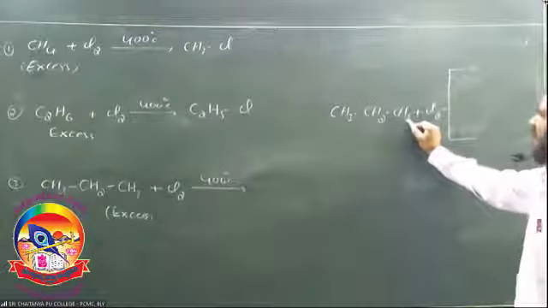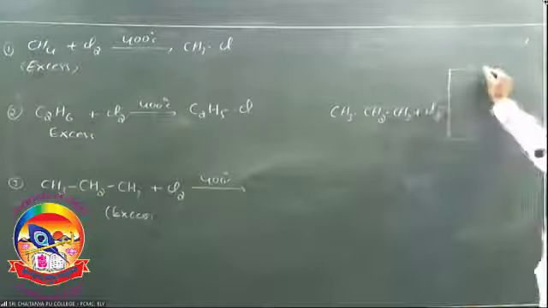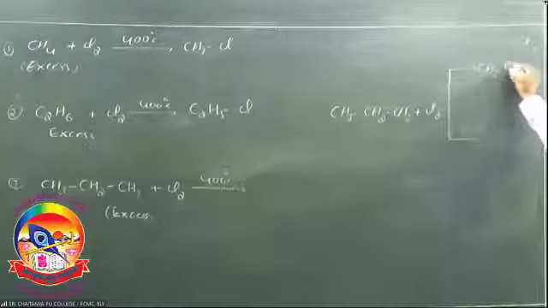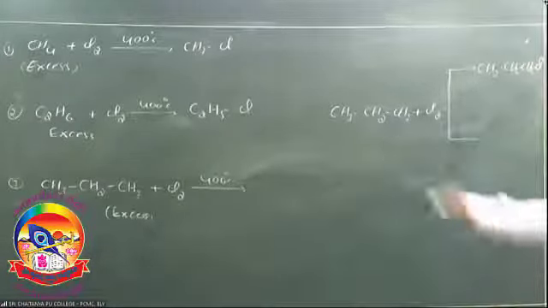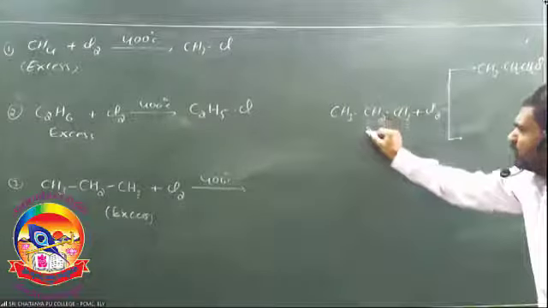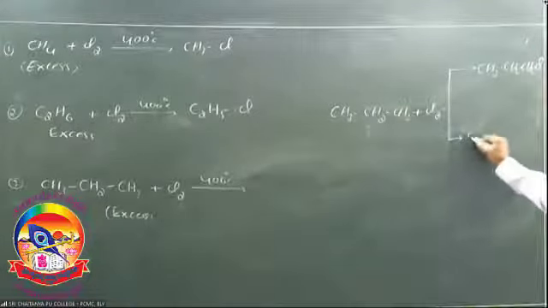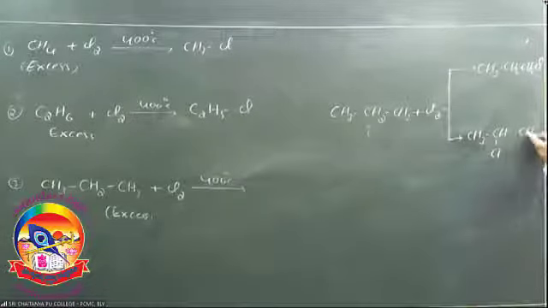Suppose this hydrogen is replaced by chlorine: CH3, CH2, CH2Cl. Suppose this hydrogen is replaced by chlorine: here chlorine is substituted on the second carbon, so CH3, CHCl, CH3.